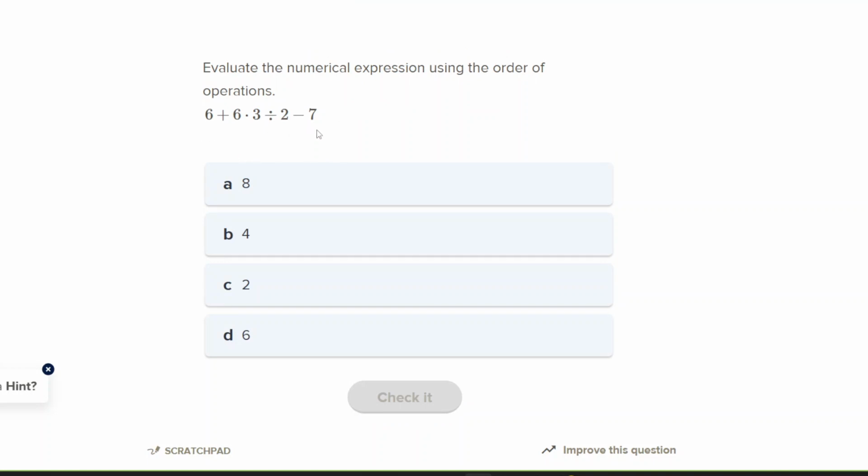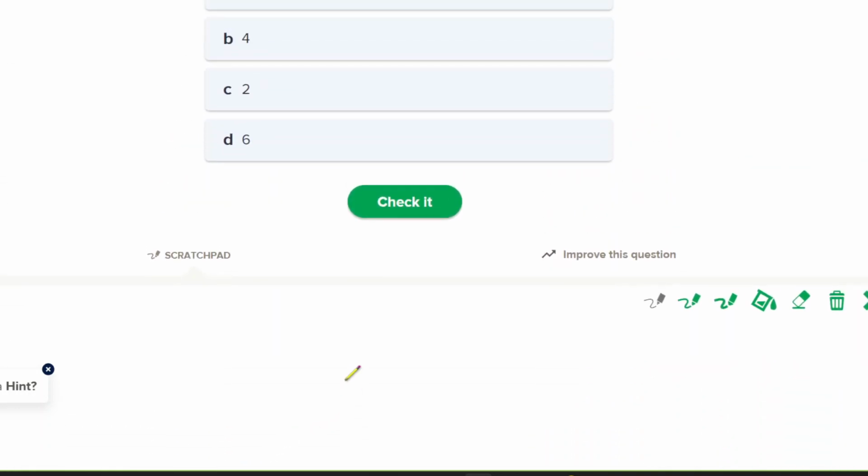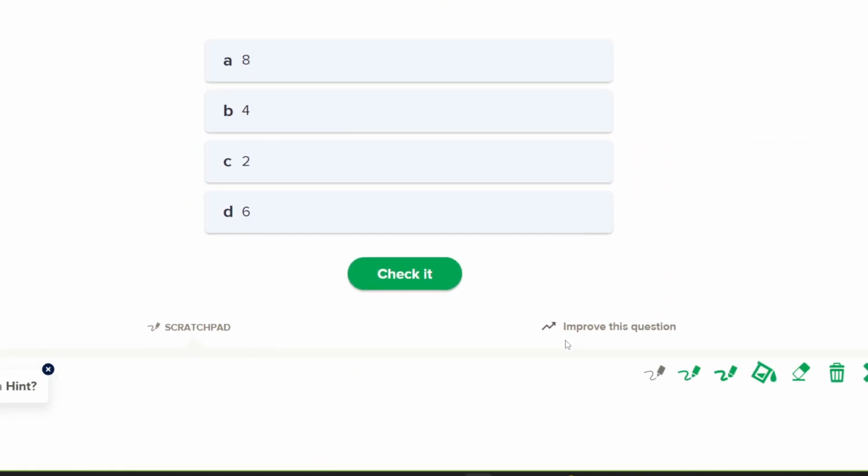All right, so once again, another expression involving just numbers. We have 6 plus 6 times 3 divided by 2 minus 7. So once again, let me write this expression out here.